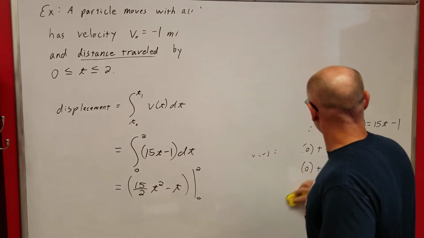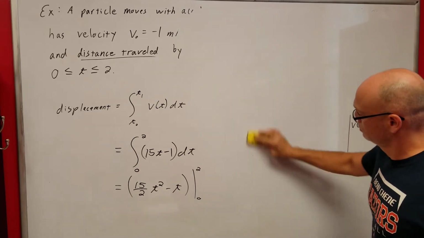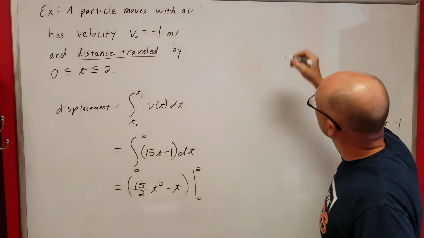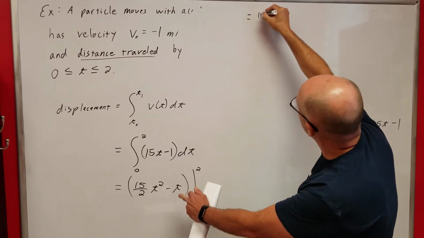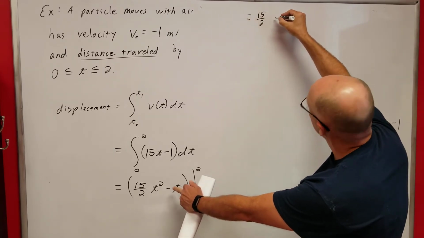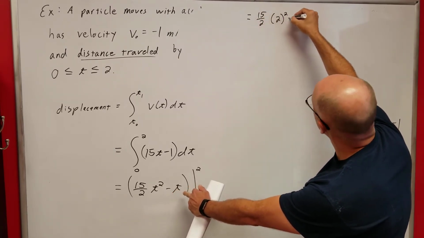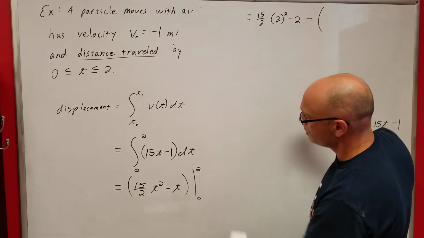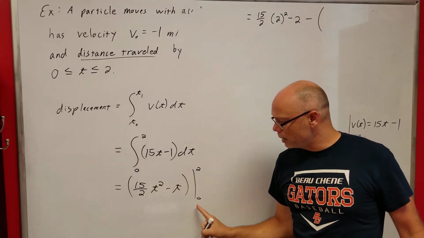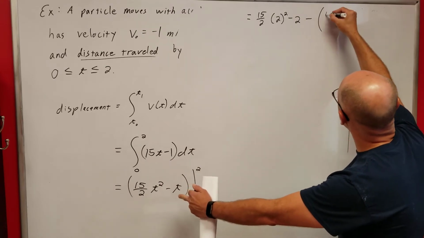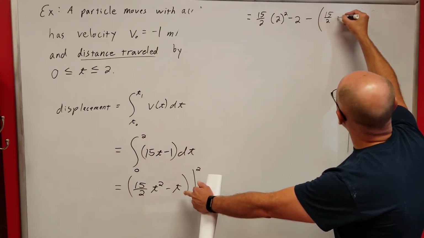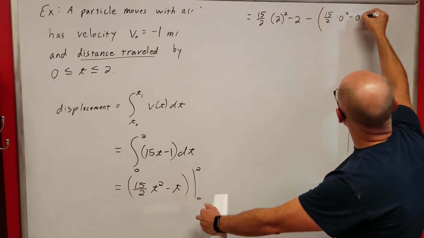Let's evaluate that from 0 to 2. How do we do that? Well, you just say that's 15 halves times 2 squared minus 2, minus this function evaluated at 0. So minus 15 halves times 0 squared minus 0, right?